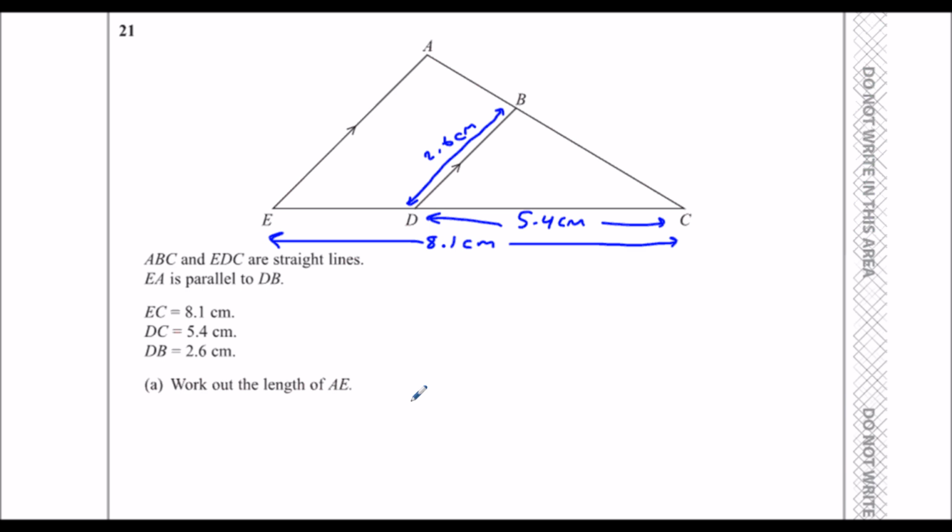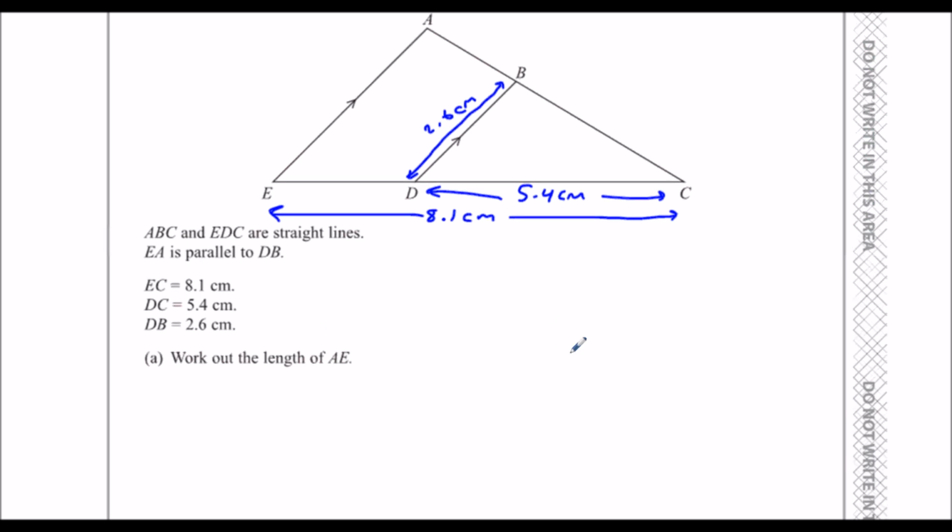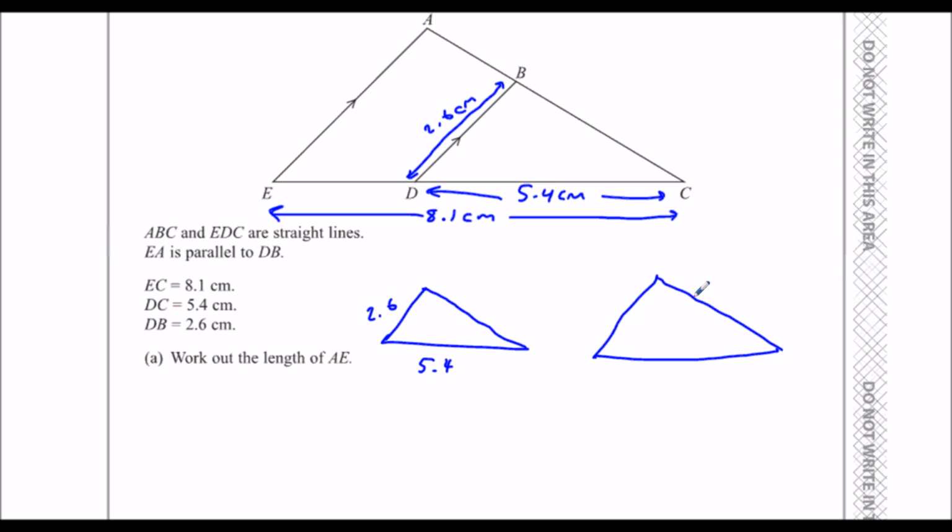So this is a similar shapes problem. We've got two triangles that are similar. One's an enlargement of the other one. So we've got a small triangle with 5.4 and 2.6 as its measurements. And we've got the larger triangle with 8.1 and, well, A to E, this is what we're working out. So we need to work out a scale factor.